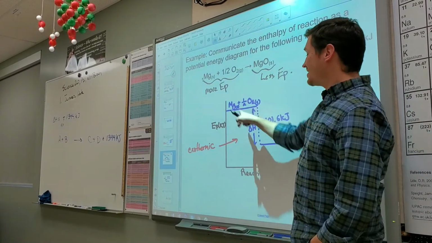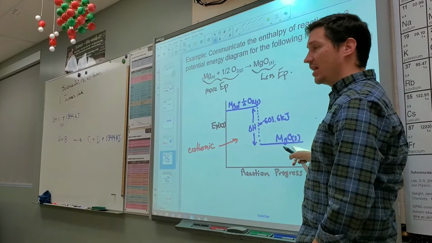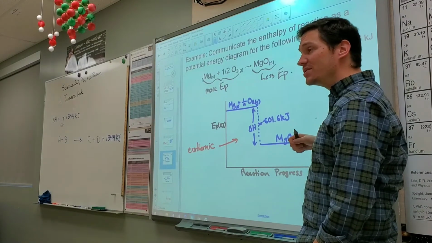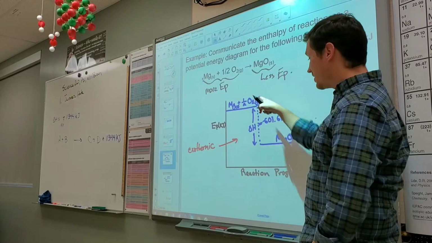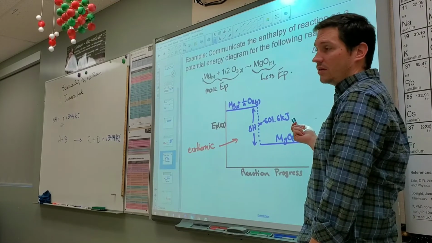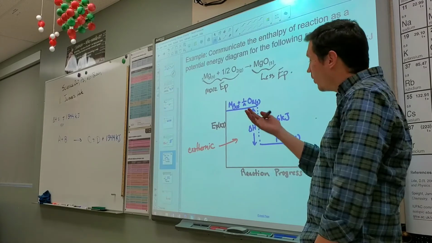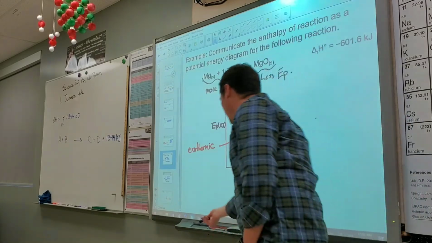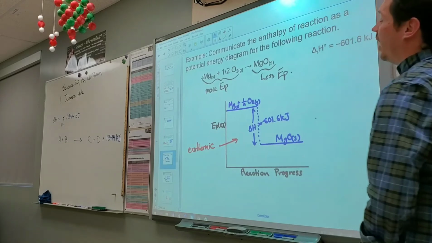Now, if our system decreases its potential energy, are we gaining or losing energy? Losing. The system's losing energy, so are its surroundings going to get hotter or colder? Hotter. Hopefully that makes sense.